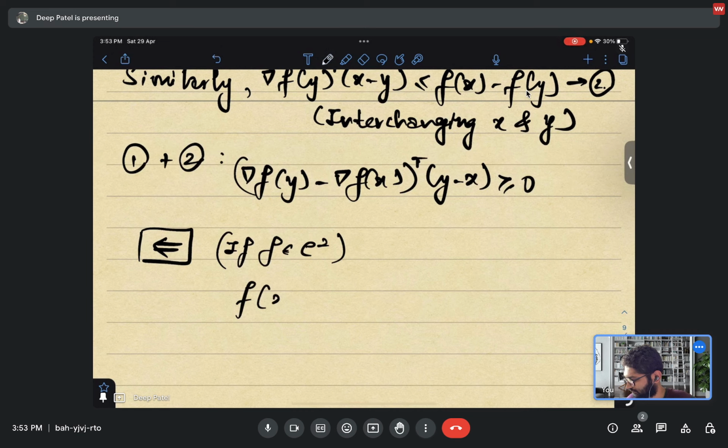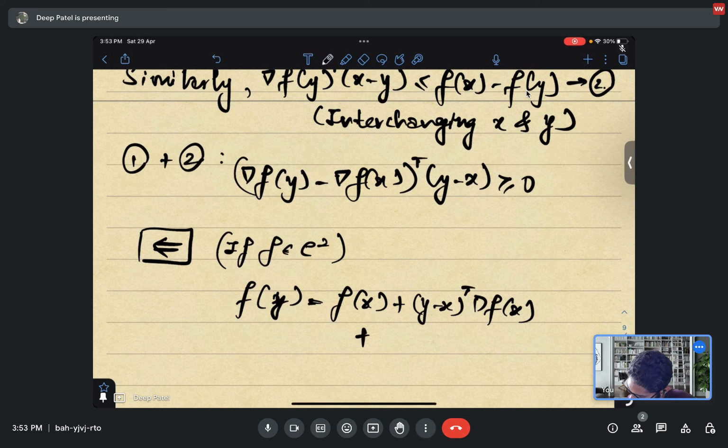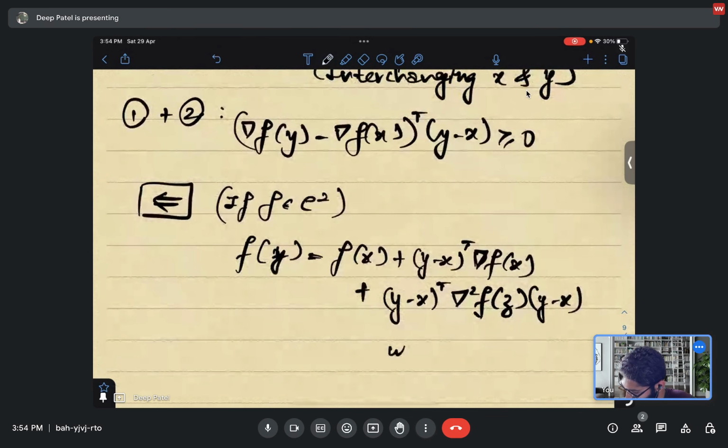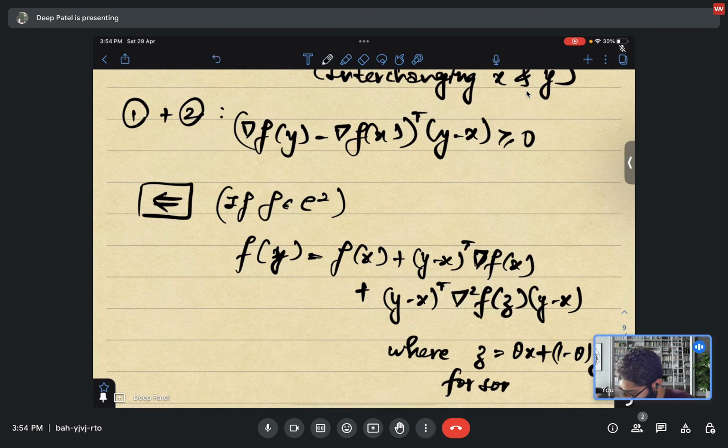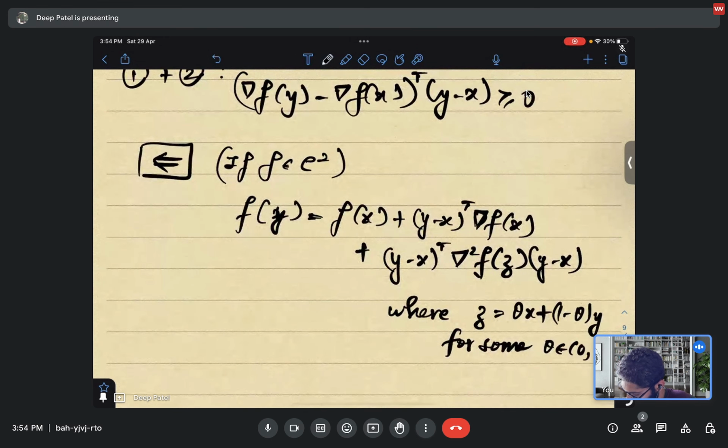Because f of y equals f of x plus (y minus x) transpose gradient f of x plus (y minus x) transpose Hessian f of z (y minus x), where z is theta x plus (1 minus theta) y for some theta between 0 and 1, excluding 0 and 1.